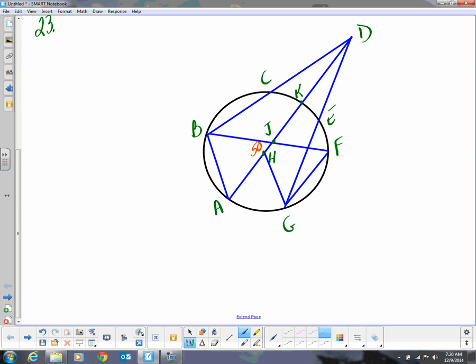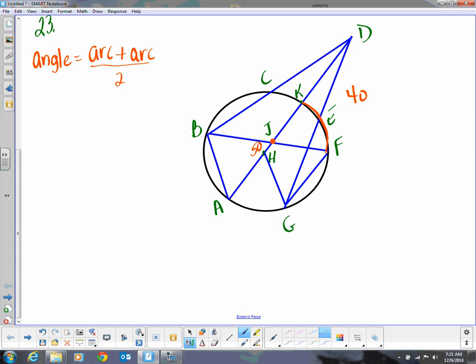Where is this vertex? Is it on the center, on the circle, inside, not on center, outside? Inside, not on center. So what is the rule? Angle equals what? Arc plus arc over 2.